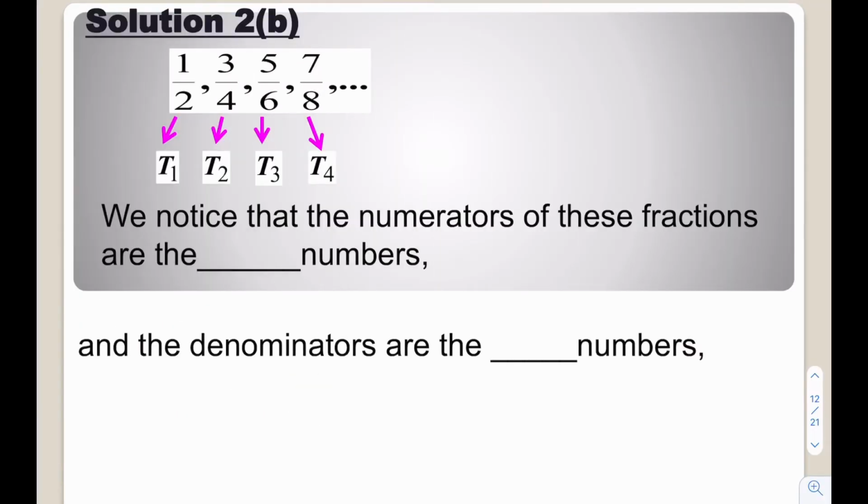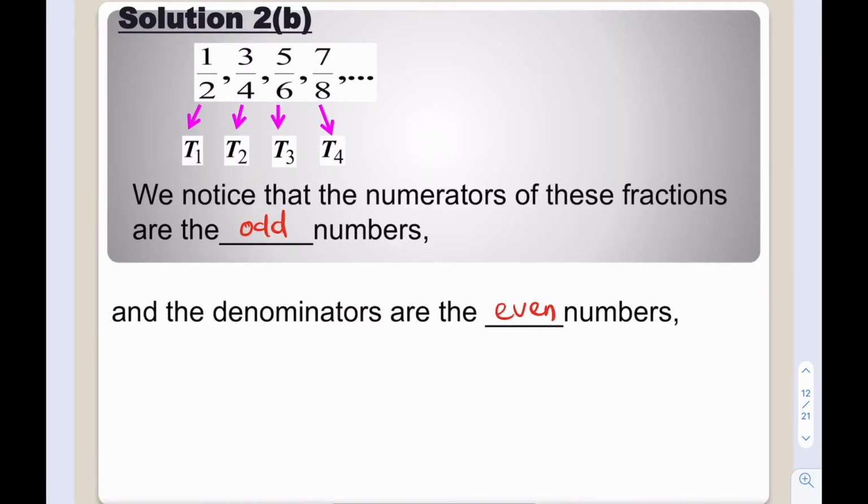In example 2b, you are given T1 is 1 over 2, T2 is 3 over 4, T3 is 5 over 6, T4 is 7 over 8. And we notice that the numerators all are odd numbers, whereas the denominators are all even numbers.